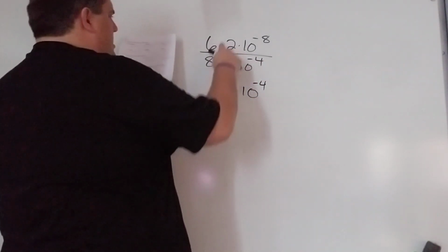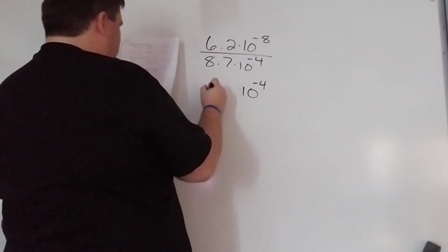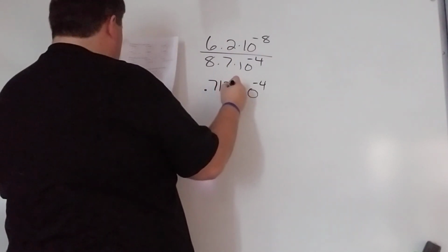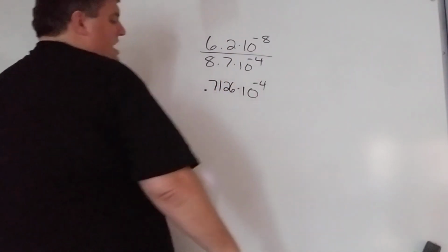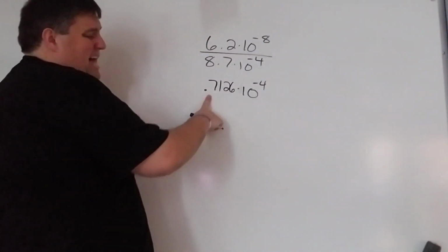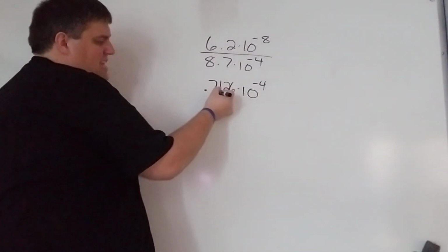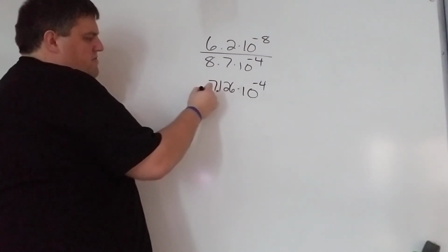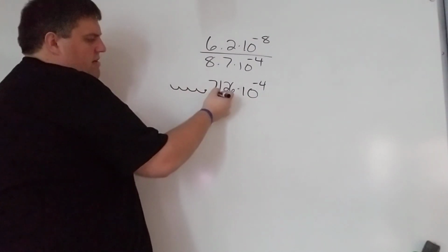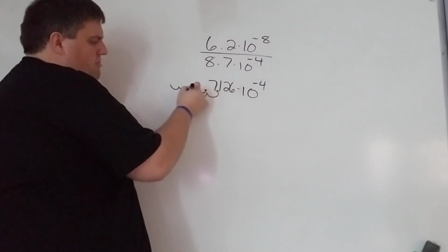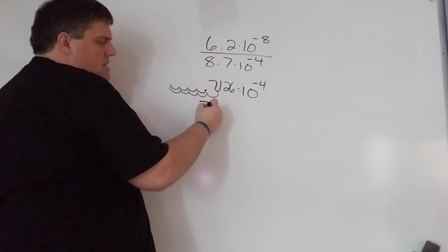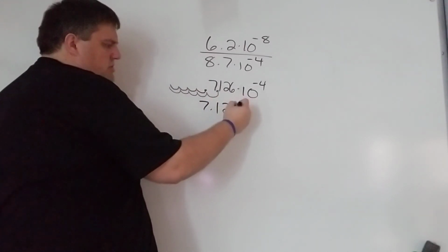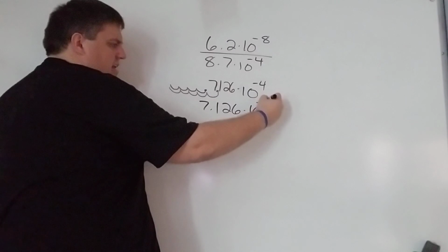Careful there. Divide these two numbers, you get 0.7126. And again, our decimal is not in the right spot, right? It needs to be after the 7. So if it moves 1, 2, 3, 4 from there, from here it's going to move 1, 2, 3, 4, 5. So when I fix my decimal, 7.126 times 10 to the -5th.